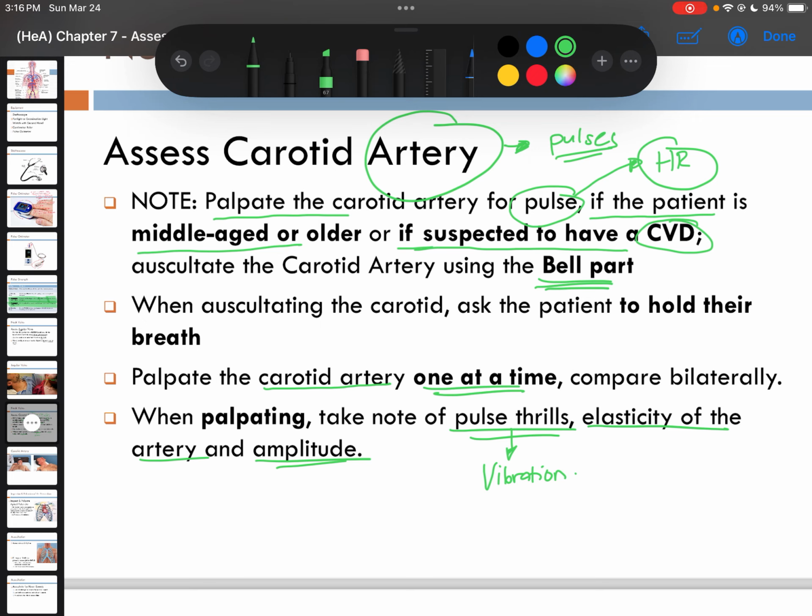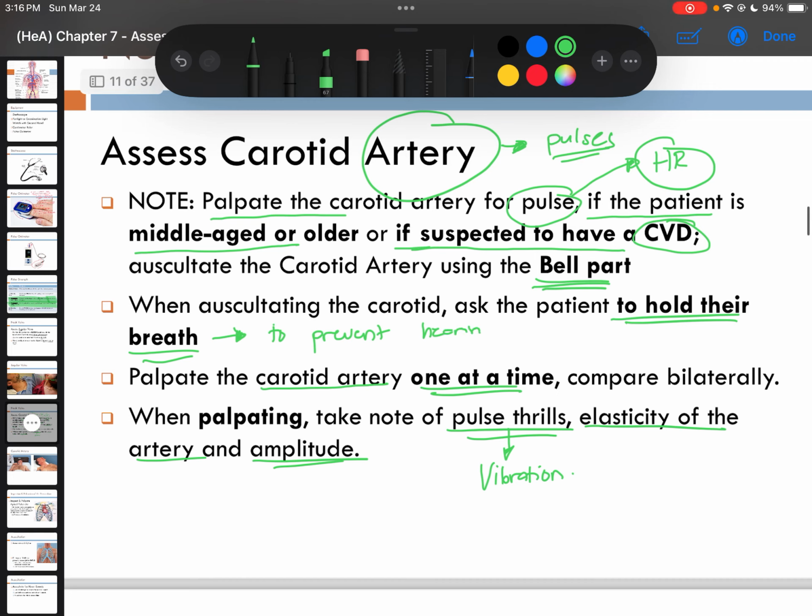Now, when you are auscultating the carotid, ask the patient to hold their breath. The reason why we do it is to prevent hearing breath sounds. Otherwise you will hear bronchial sounds, so ask them to hold their breath.